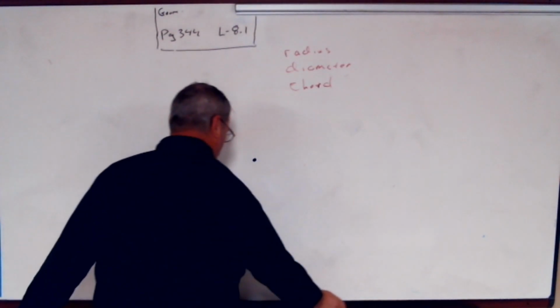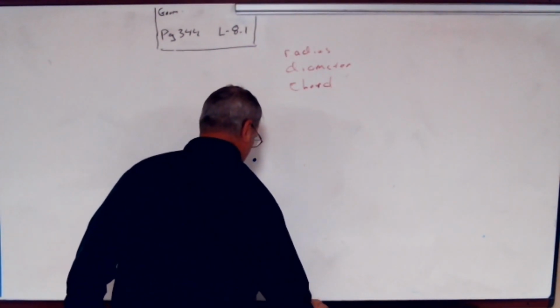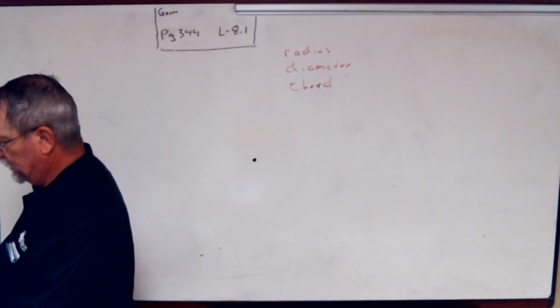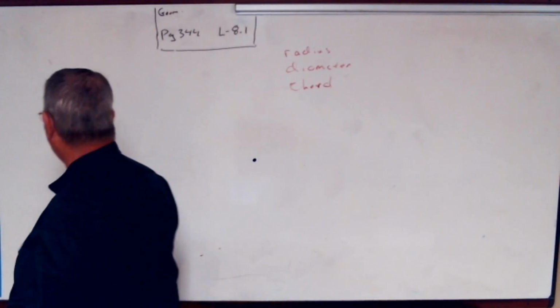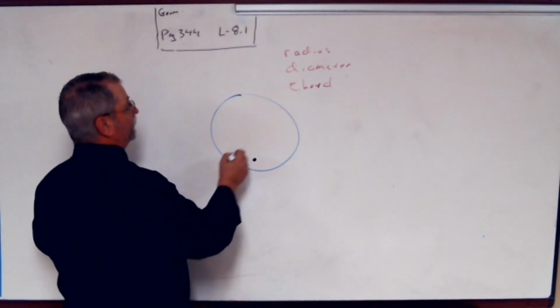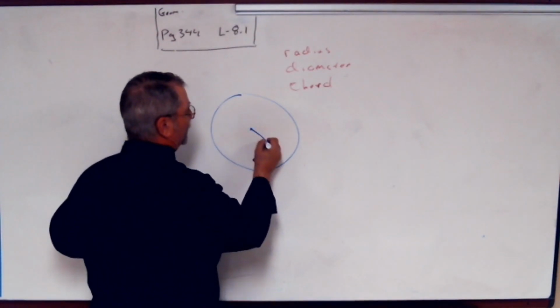Next theorem. Let's go to a different color here. I like blue. Next one says, if a radius is perpendicular to a chord of a circle, it bisects the chord. So, we have a circle, center, and there's a radius.